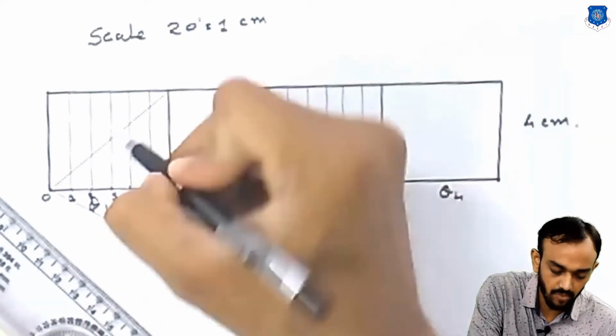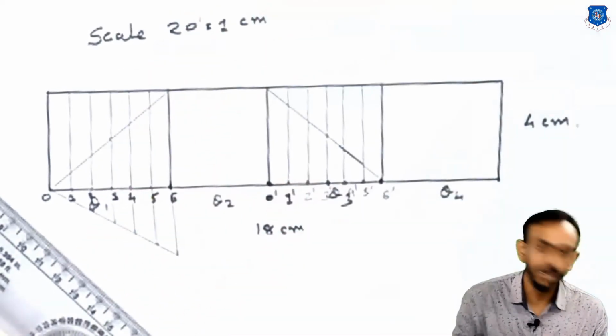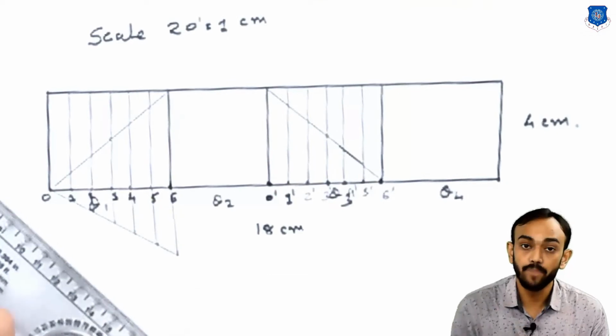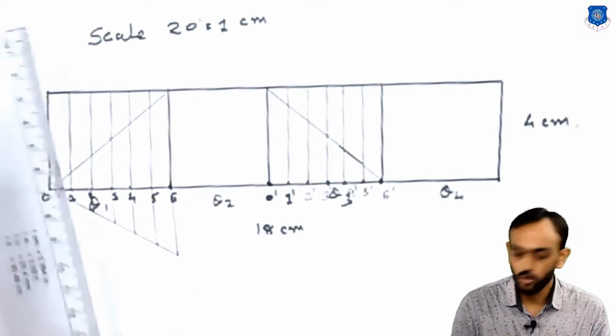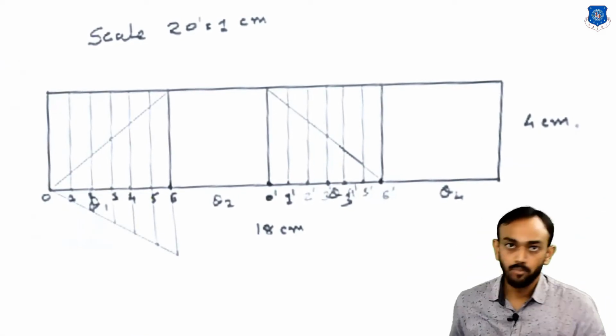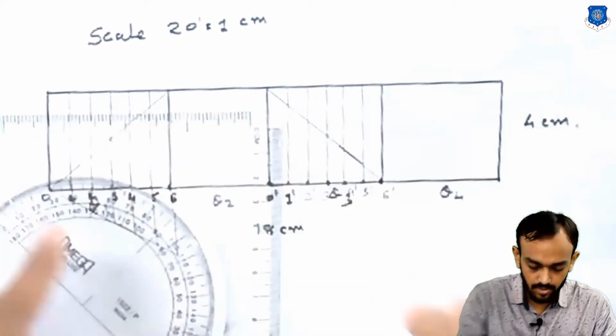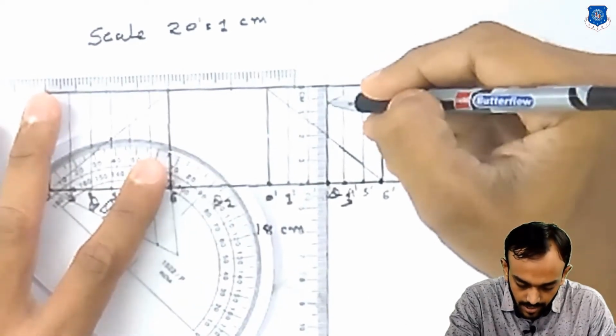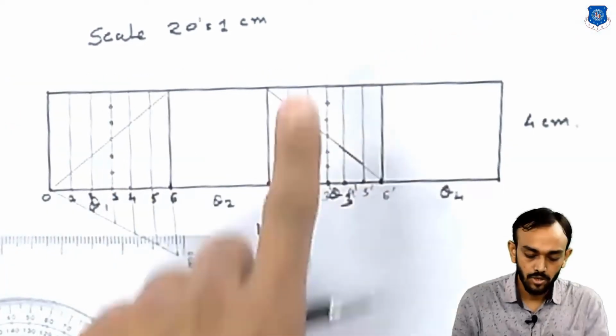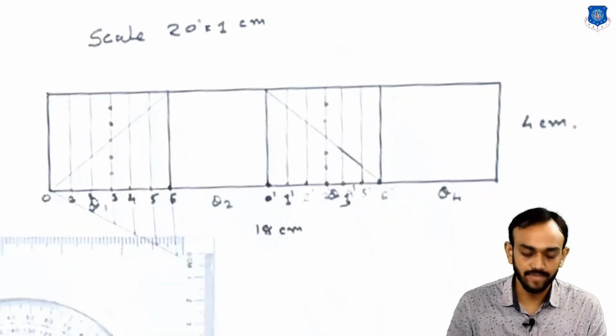So 3 parts will be on the upper side and 3 parts will be on the lower side. 40 mm divided by 6, you will get 6.6. So be careful here because it is 6.6 something. Now you can see the partition of the center line.